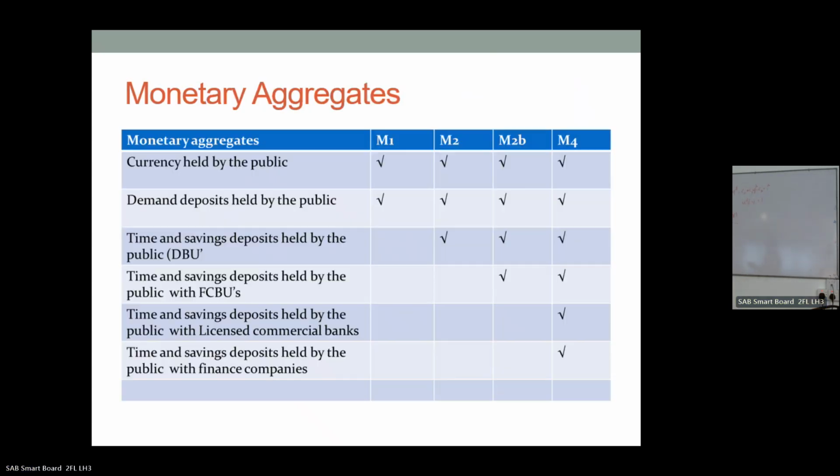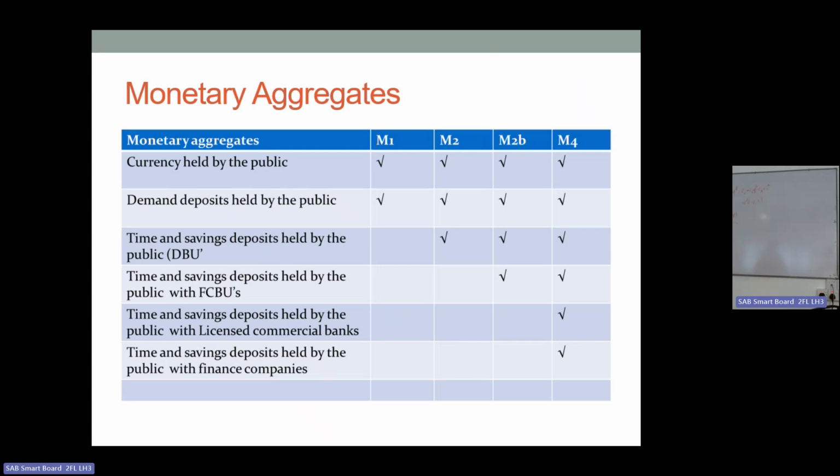Money supply is measured based on the monetary aggregates: M1, M2, M2B, M4, based on the monetary survey. Based on the monetary aggregates, we can assess the liquidity.